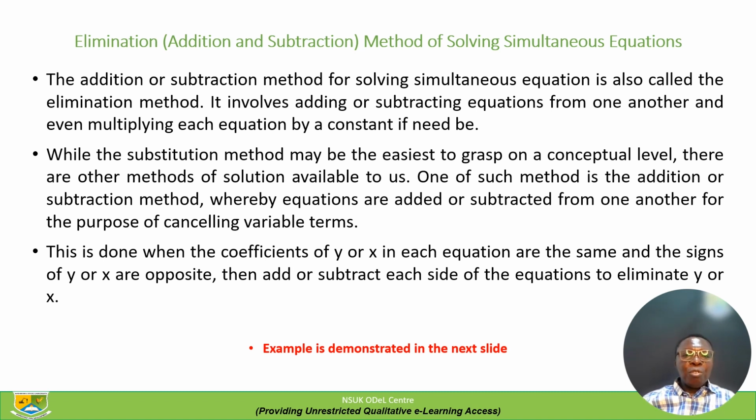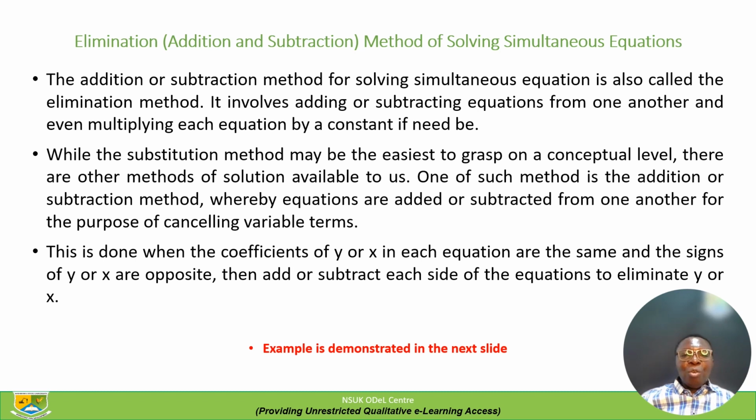While the substitution method may be the easiest to grasp on a conceptual level, there are other methods of solution available to us. One such method is the addition or subtraction method, whereby equations are added or subtracted from one another for the purpose of cancelling variable terms.